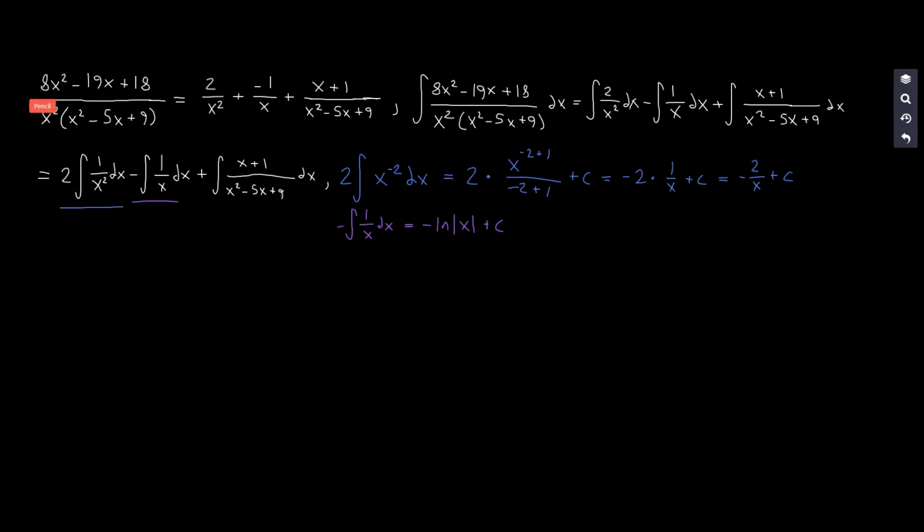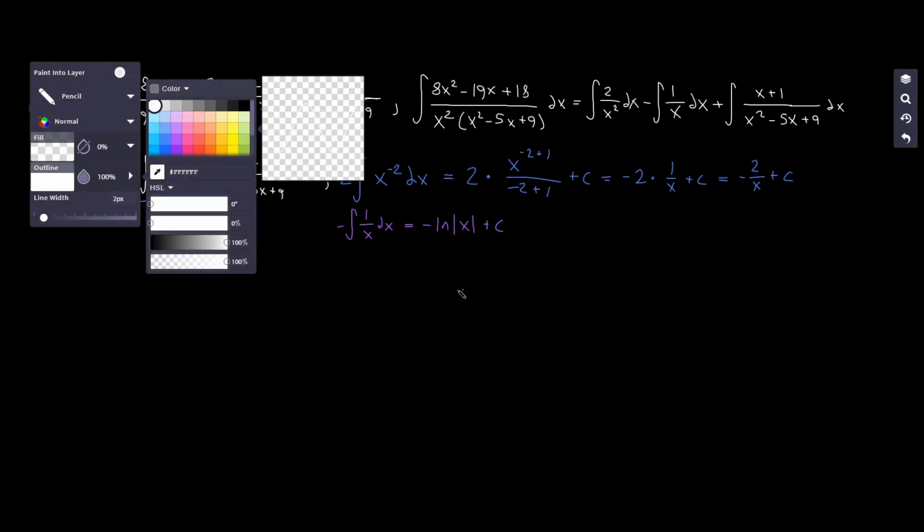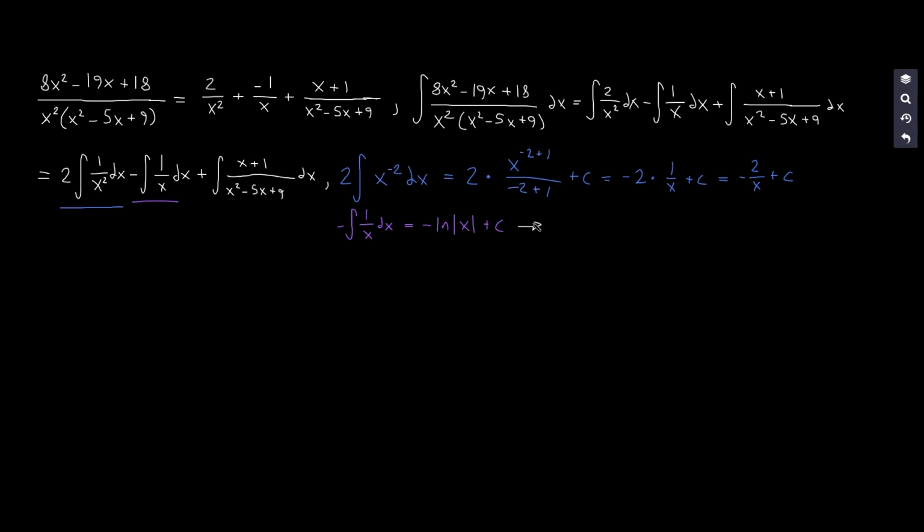Then if you combine these two, I think we're going to have negative 2 over x minus the natural logarithm of the absolute value of x plus c. And I would imagine those are the answer. That's the answer for the first two integrals. So that's not really a lot.